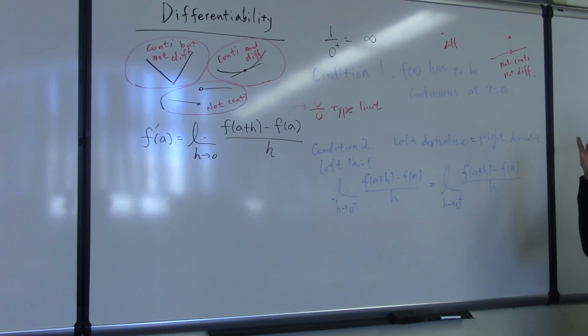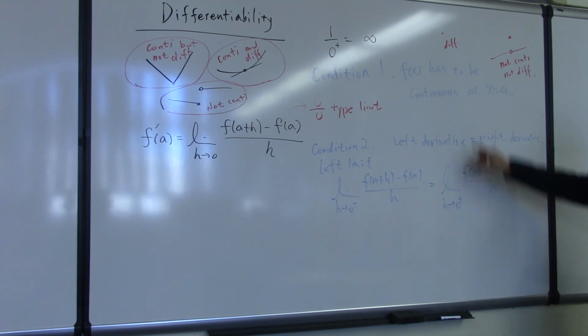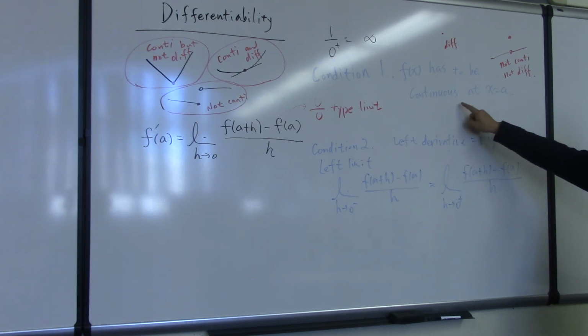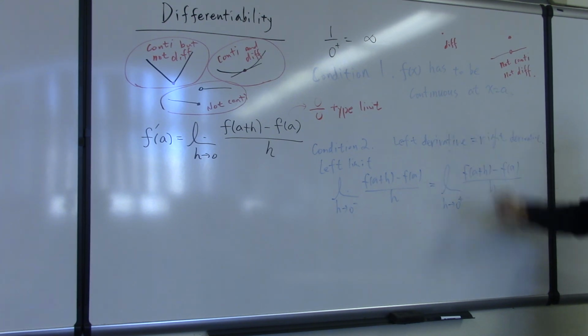It's impossible. Which case? The last: not continuous and differentiable. That's an impossible case, according to the condition that we just put forth. That's very important. Can a function be continuous without being differentiable? Yes. Can a function be differentiable without being continuous? No.